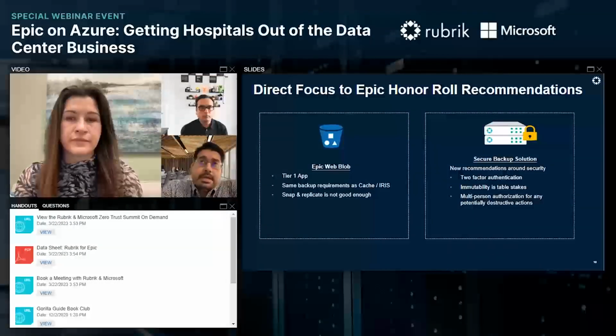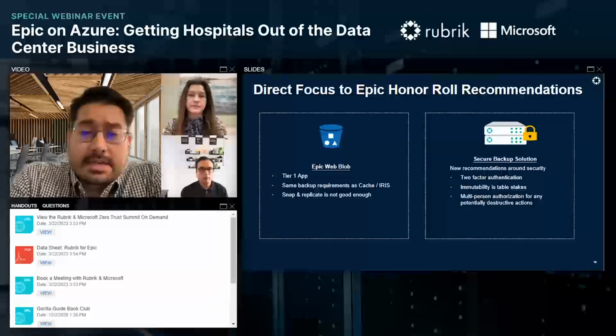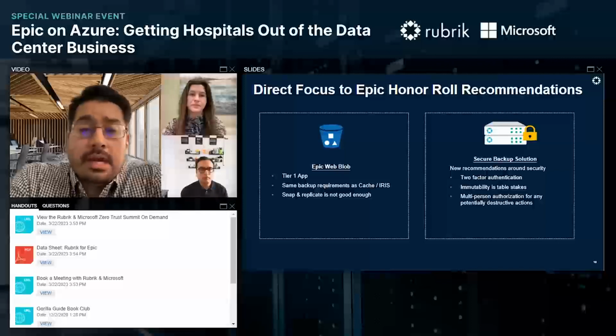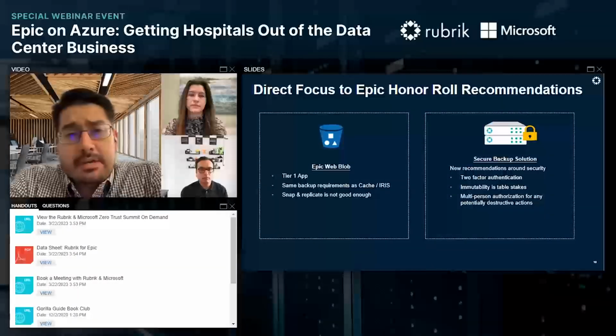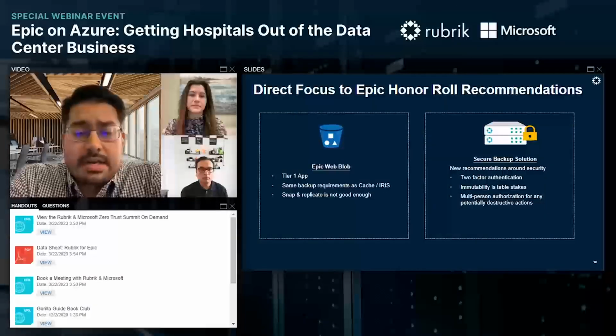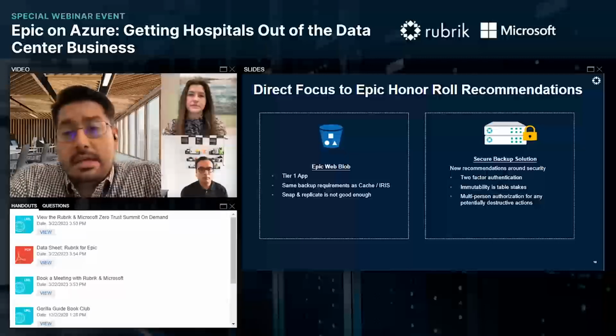Yeah. So, often when we discuss with customers, there's a whole list, as you all know, of recommendations as well as requirements. Things like the operational database backup requirements are pretty well known and established, and of course Rubrik aligns to those, both on premises and in cloud environments.